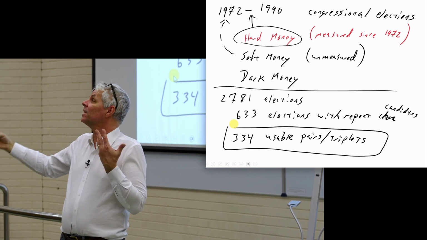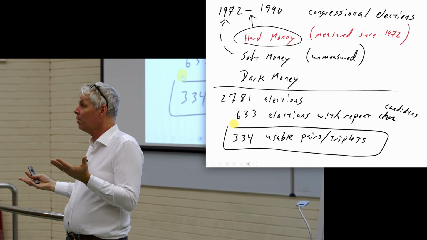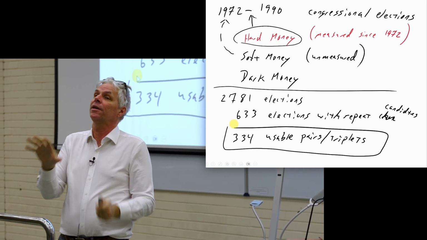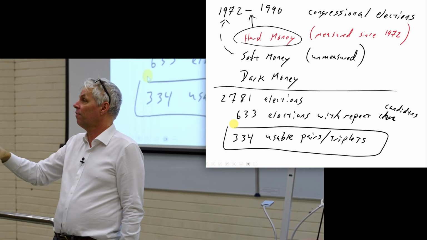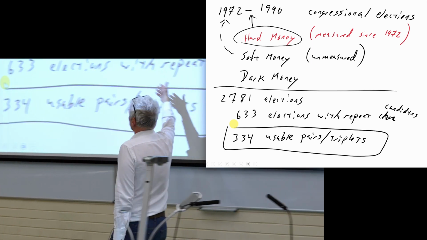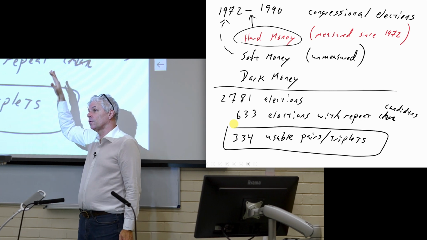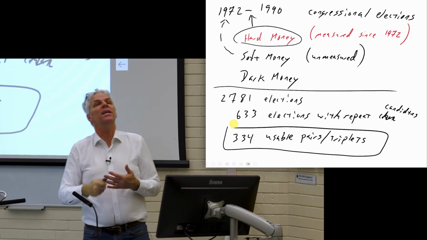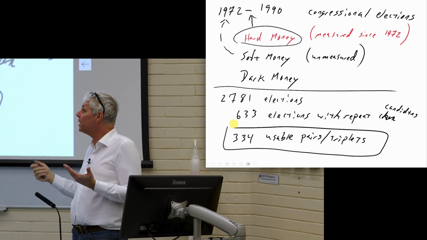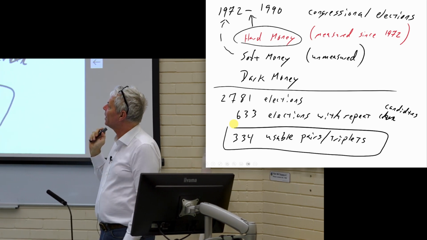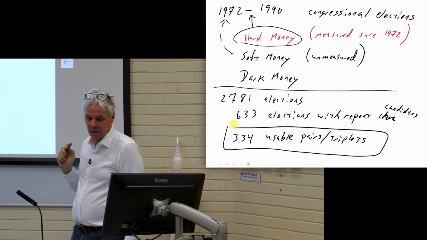So you're throwing away the vast majority of the information on people because you want that to get rid of that one particular thing, which is the genetic component of things, right? Here we're trying to get rid of the candidate quality component of things, and to do that we throw out lots of data, just like we throw out the non-twins. Okay? It doesn't mean that you should always throw out the non-twins, but it's useful to, from time to time, look at the twins, then compare it with the rest of the people. And that's going to be a similar sort of thing here. Okay.